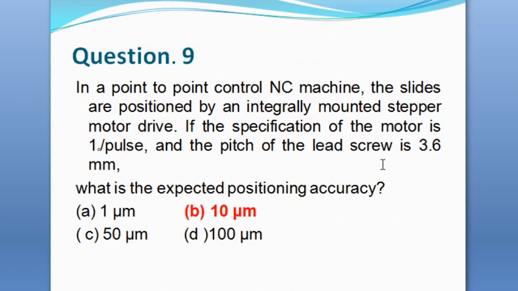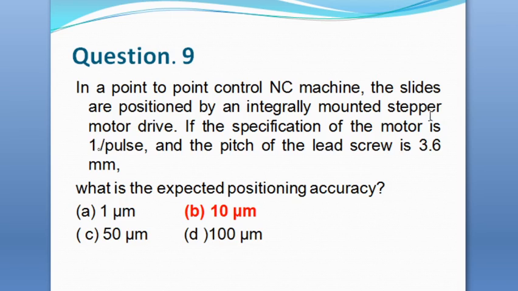Question number 9. It is a stepper motor problem. In a point to point control NC machine, the slides are positioned by an integrally mounted stepper motor drive. If the specification of the motor is 1 degree per pulse and the pitch of the lead screw is given as 3.6 millimeter, what is the expected positioning accuracy?